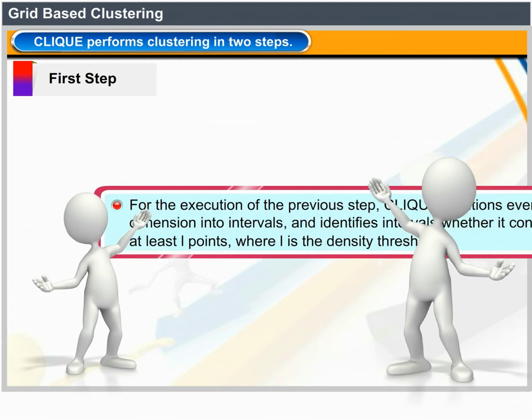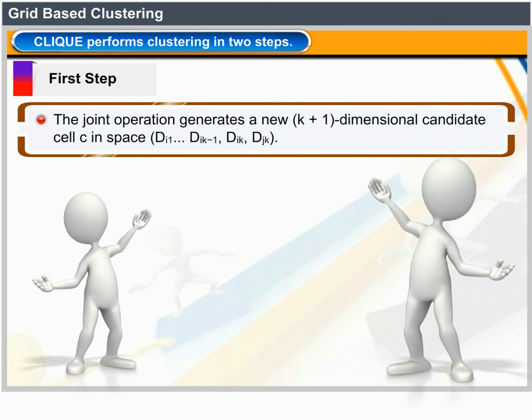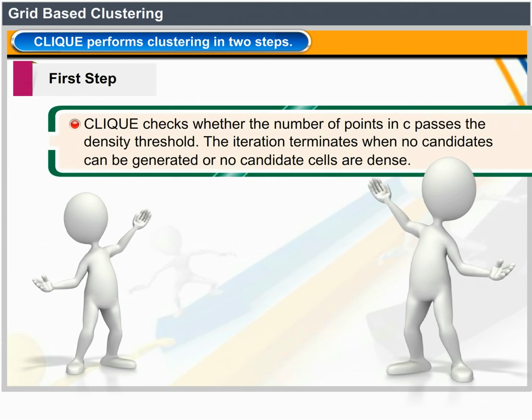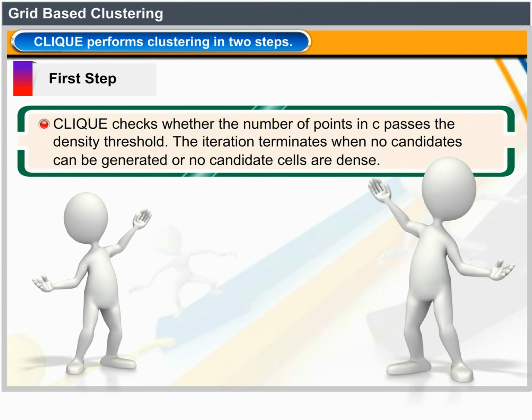The join operation generates a new k+1 dimensional candidate cell C in space di1 up to dik-1, dik, djk. CLIQUE checks whether the number of points in C passes the density threshold. The iteration terminates when no candidates can be generated or no candidate cells are dense.